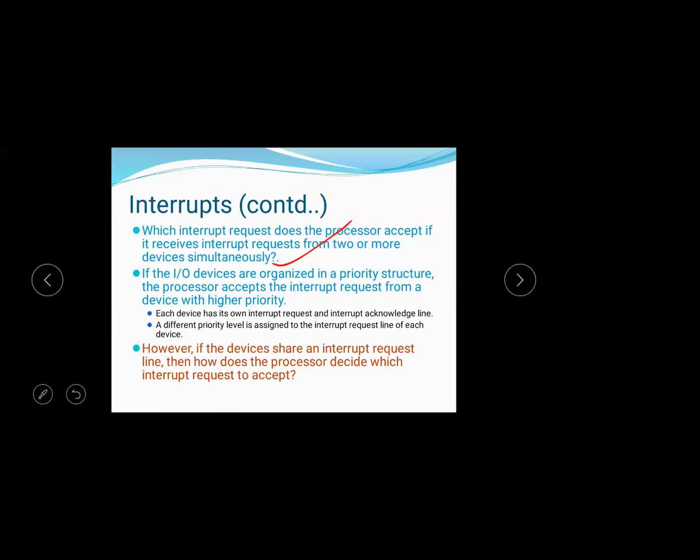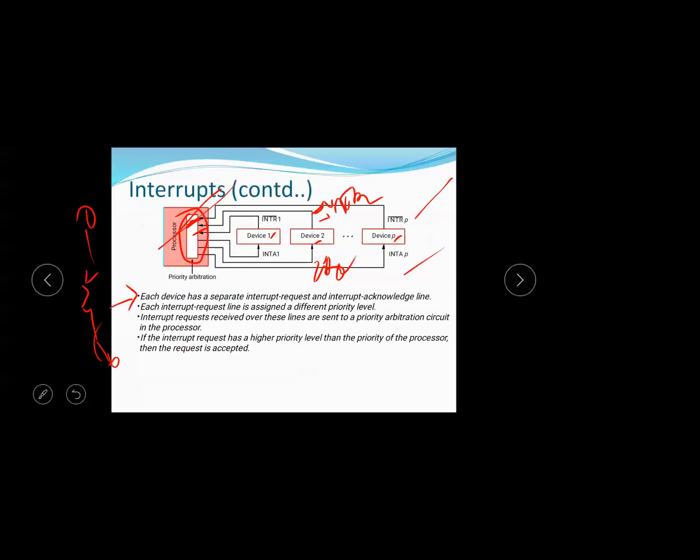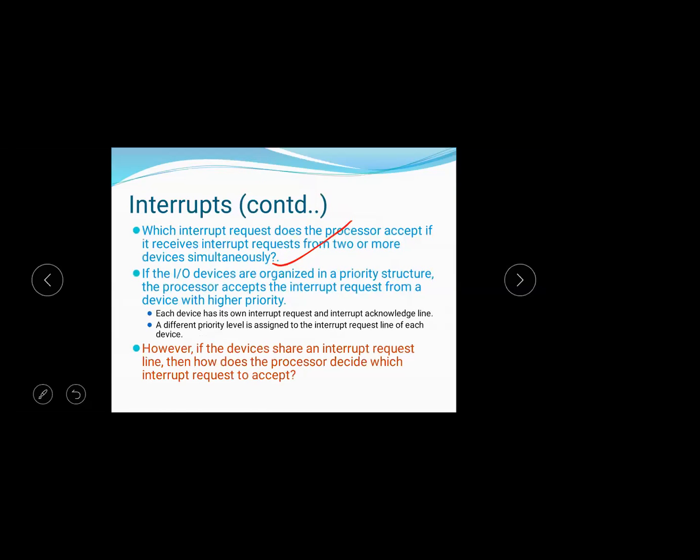If two devices are requesting an interrupt to the processor, let us take both devices activating INTR at the same time. Which interrupt request does the processor accept? The devices are organized in a priority structure. The processor accepts the interrupt request from the device with the highest priority.